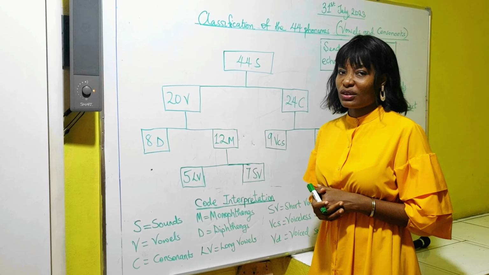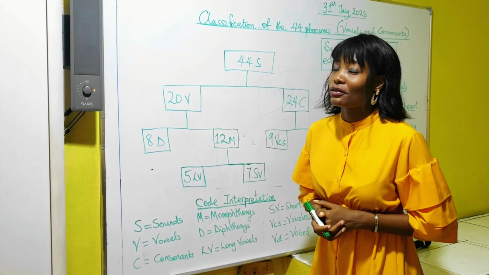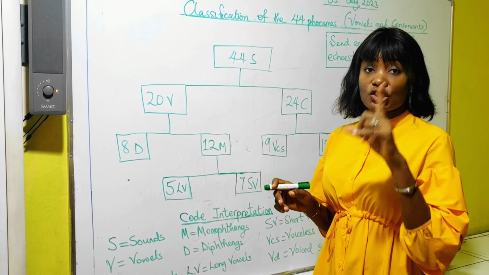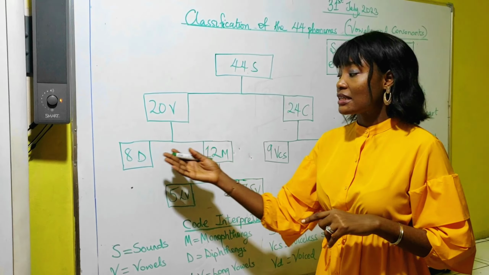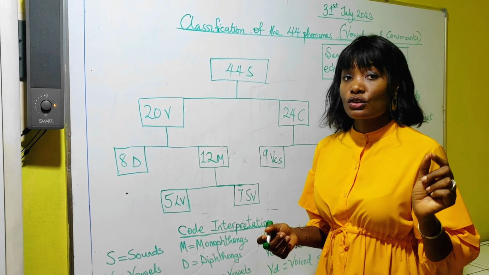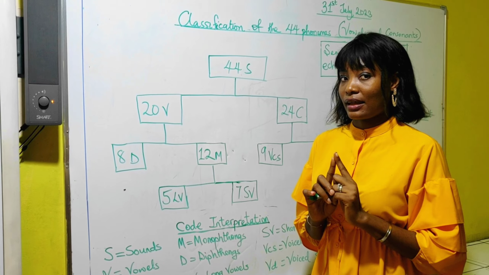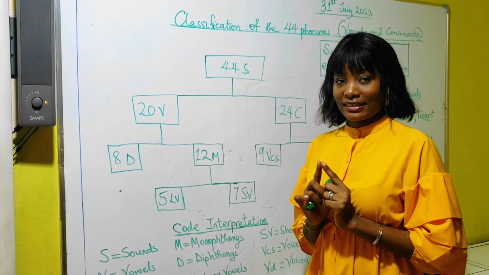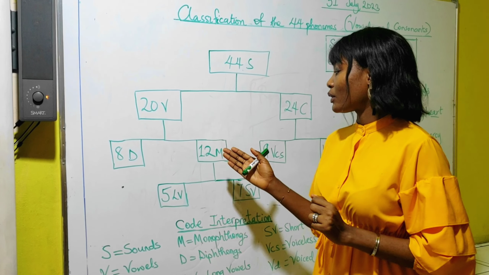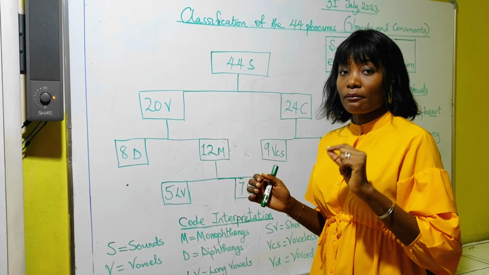You might be wondering, what are monophthongs and diphthongs? Well, monophthongs are single sounds. They're symbols that represent just one sound. However, diphthongs are two. That is to say, we have two separate sounds coming together or gliding together to make one sound. So we have 8 of those in English, and we have 12 single sound monophthongs.